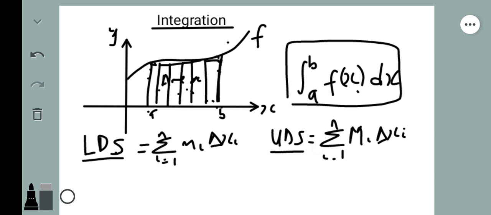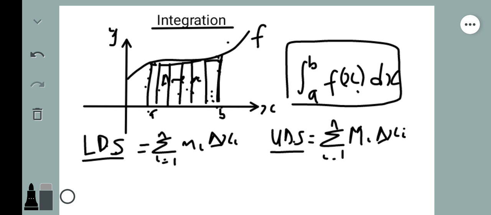So now the lower Darboux sum is the summation of all the rectangles under the curve. While the upper Darboux sum is the summation of the total finite number of rectangles that cover the area.